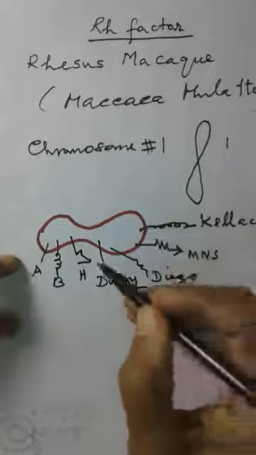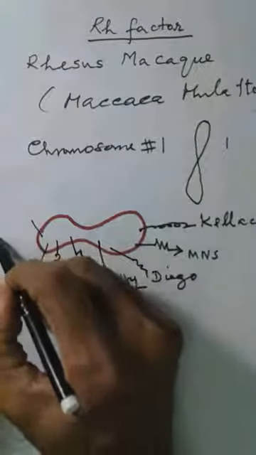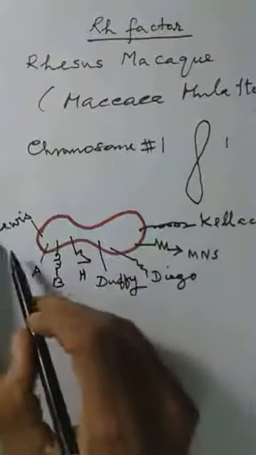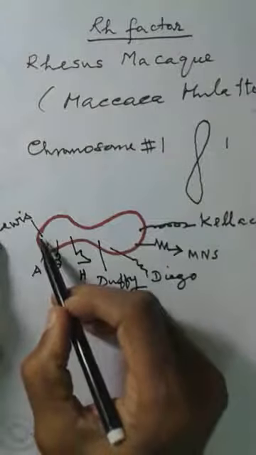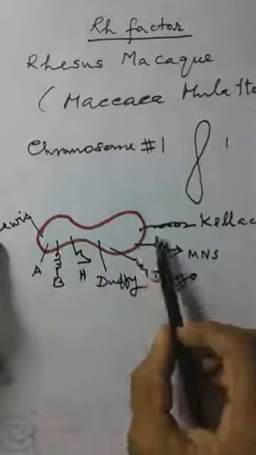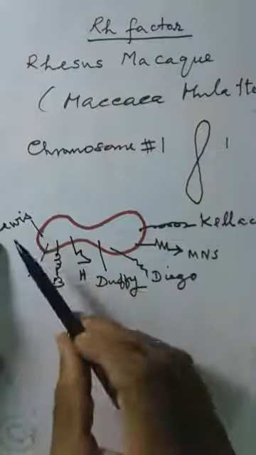Similarly, Lewis actually came from outside and is sticking on the surface of the red blood cell. This is adsorbed.